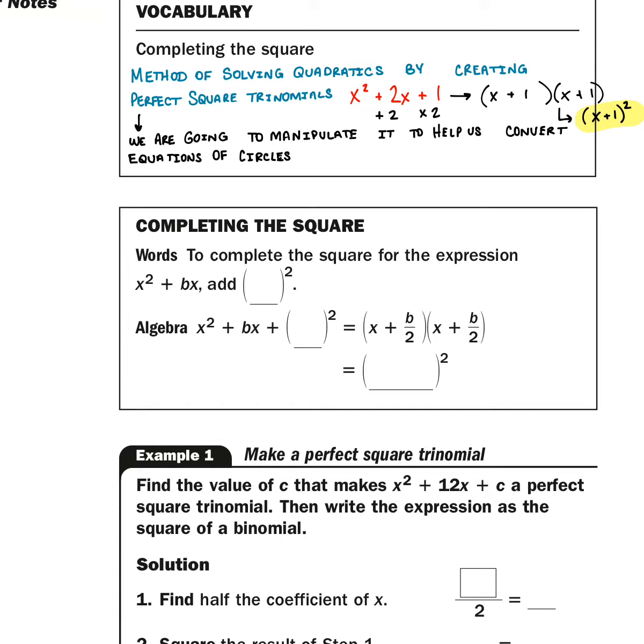In order to complete the square, we'll have ax squared plus bx. B is just a constant, so it could be any number. In order to find our c term, so remember a quadratic is ax squared plus bx plus c, we're trying to find c. This will be our missing term every time.